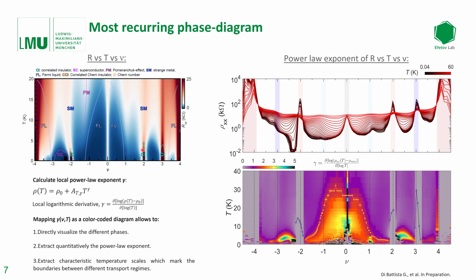However, other superconductors across the region are much, much rarer. This superconducting region that is highlighted here is observed in something like 80% of the devices.